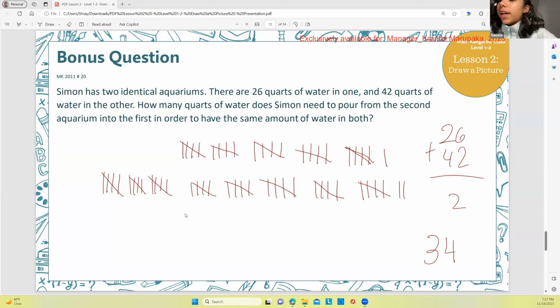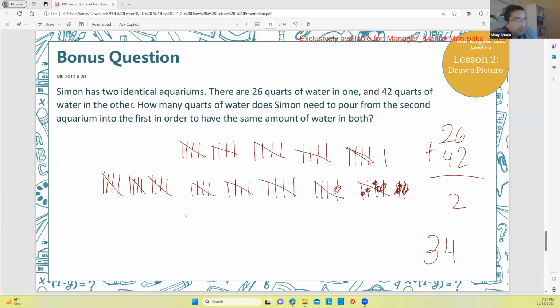So you take 8, change the... I think we can do that. So we take 1, 2, 3, 4, 5, 6, 7, 8 out. And then both of them have 34 quarts. Yeah, that's the right answer.